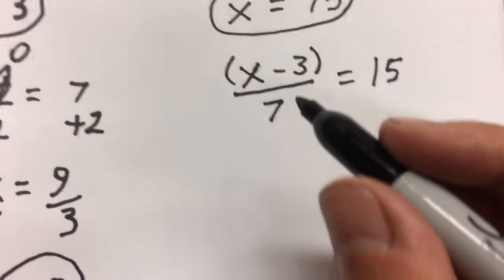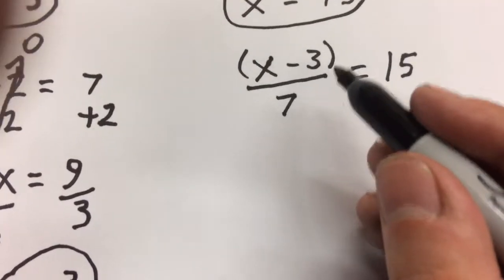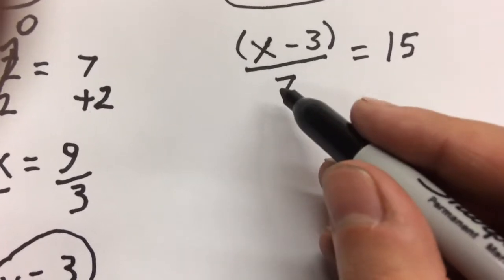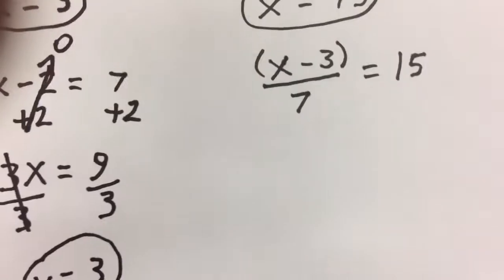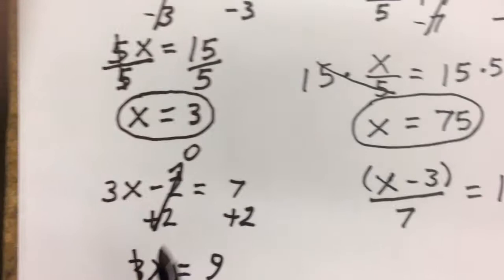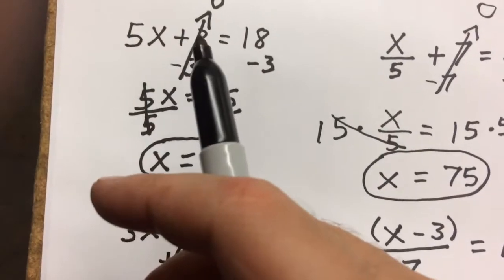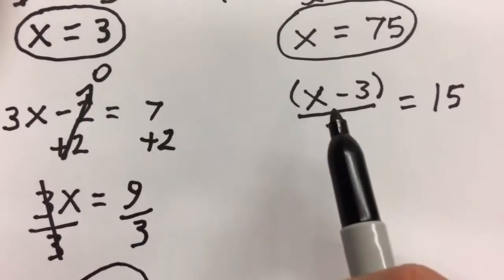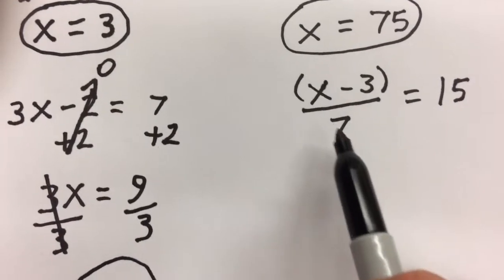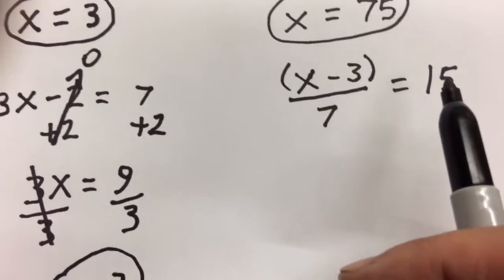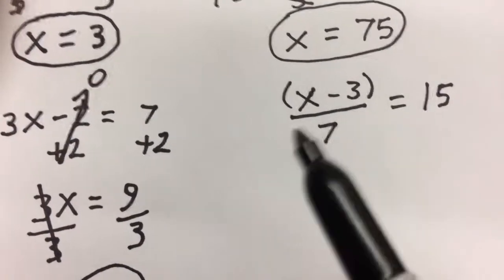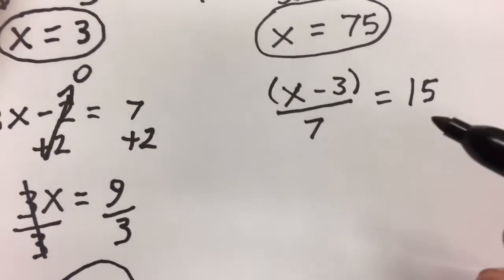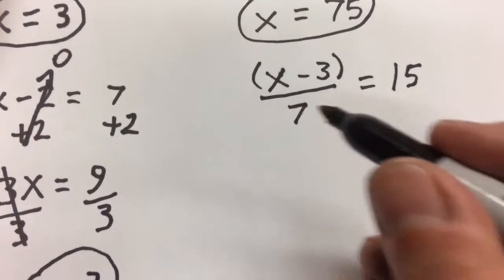Okay, we've got one more here. We've got x minus 3, all of that divided by 7, is equal to 15. Now before, we were able to deal with the addition and subtraction first, but in this case, since it's all tied together in the 7, it would be easier to deal with the division first before we deal with any addition.